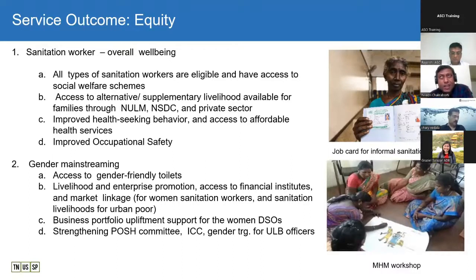On the access side, I already mentioned the gender components, from access to absorbent and menstrual hygiene management, which has been added. That is again a major chunk done by the ULB with support from us.